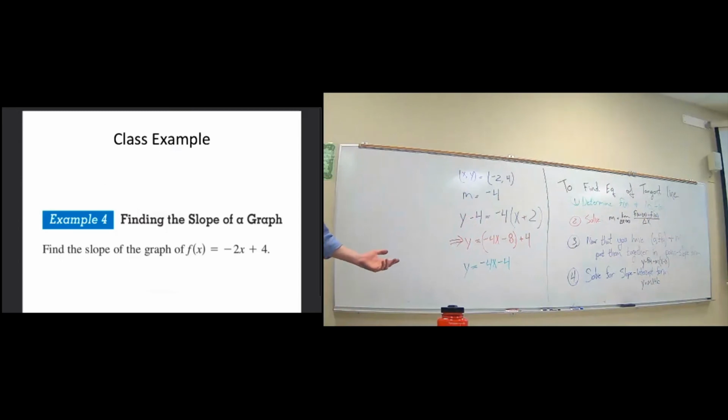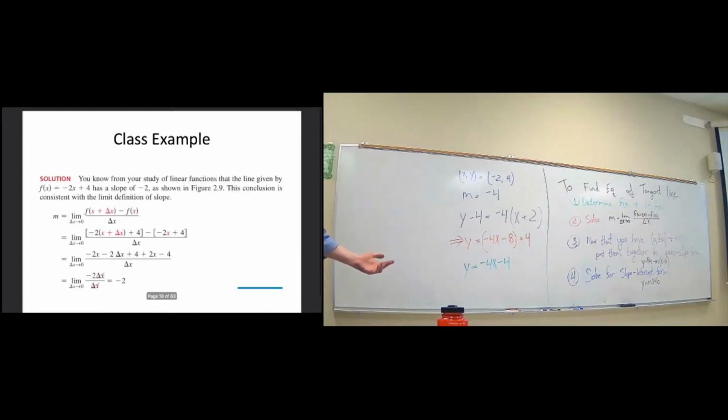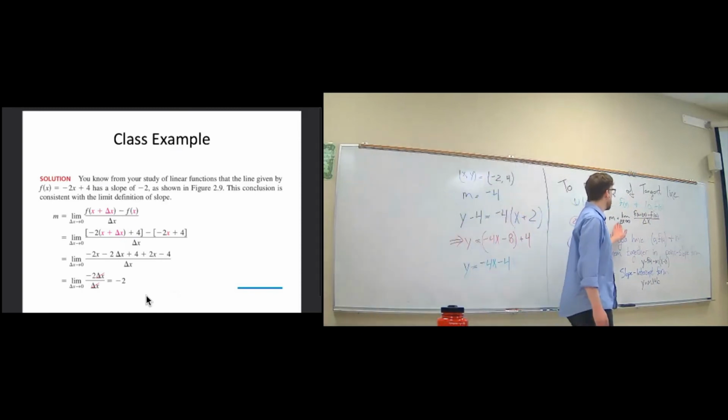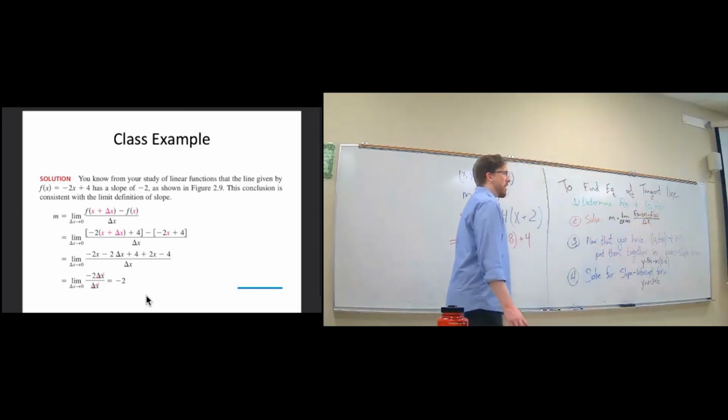Since this is just a straight line, if a line is tangent to our function here, it's going to be tangent to every point, right? And that's what they're doing here. They're just using the limit definition of the slope of the tangent line to find the slope of the tangent line to this function, but that tangent line is tangent to every point, so the slope of our function is -2. Does that make sense what I mean?